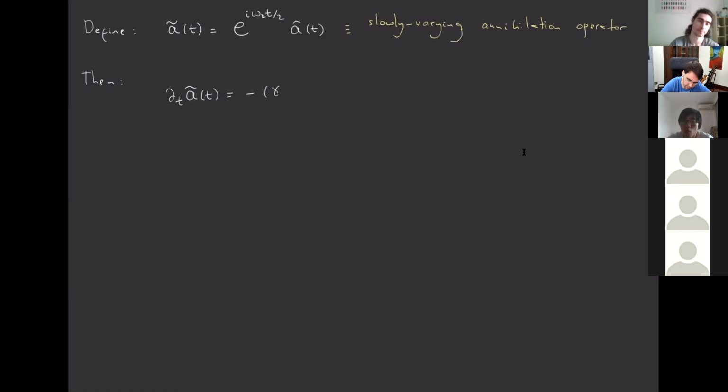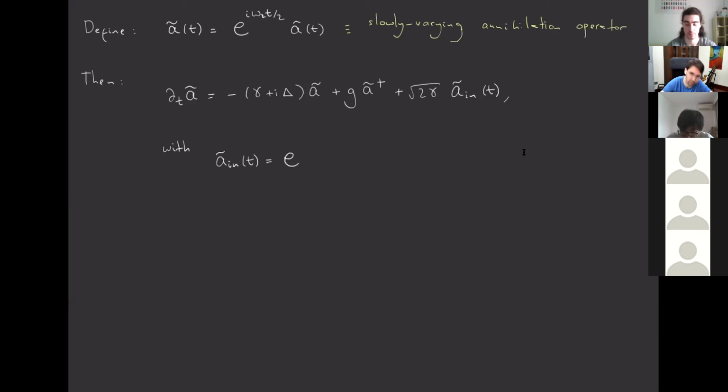And in particular, it looks like this, gamma plus i delta, a tilde, then plus G, a dagger, and then plus square root of 2 gamma, and then some input operator that is also slowly varying, or is multiplied by this phase factor.